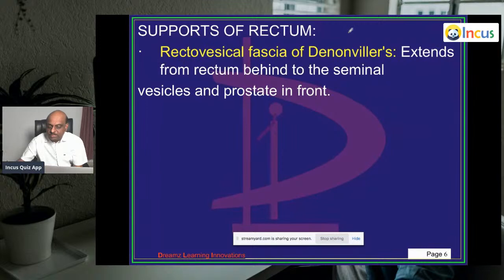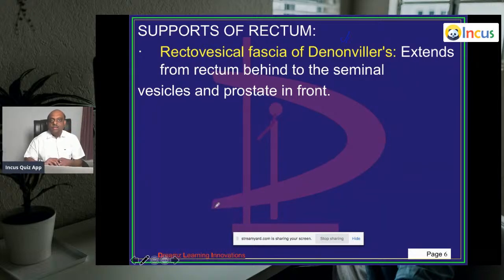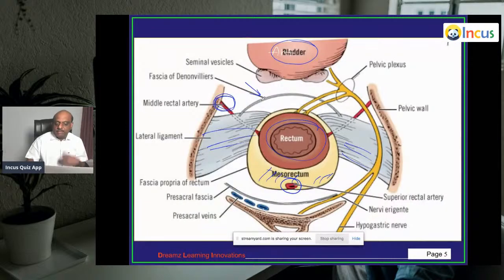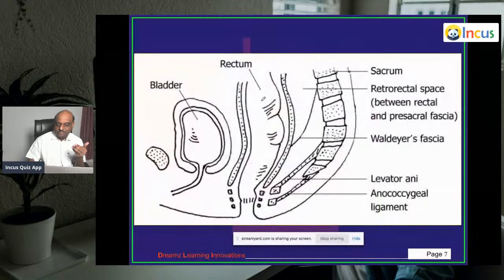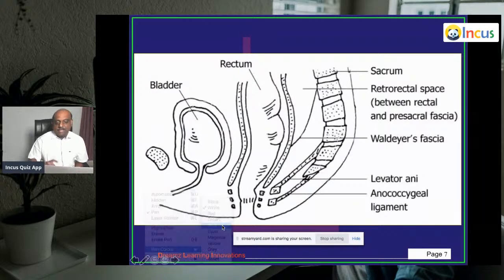What are the supports of the rectum? There is the rectovesical fascia of Denonvilliers, which typically extends from the rectum behind to the seminal vesicles and prostate in the front. So this is the sacrum, this is the bladder, this is the rectum, and here you have Waldeyer's fascia, which is what you need to remember.